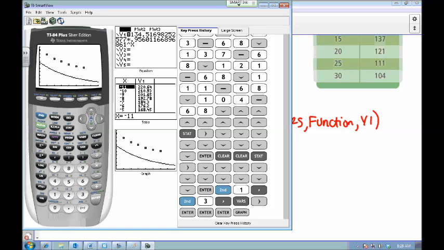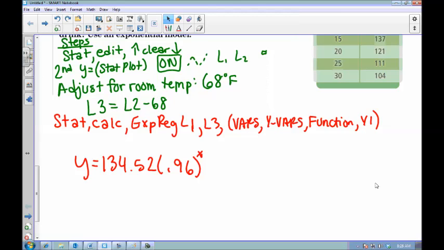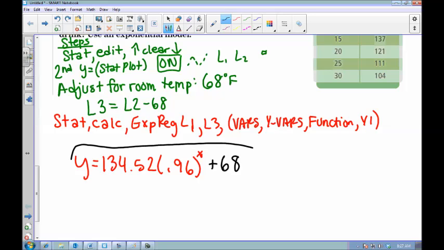But all we have to do, that's a vertical shift. We've talked about vertical shifts. Where is the vertical shift on the equation? The K, yep, so right here, we're going to put plus 68. And there is our equation.